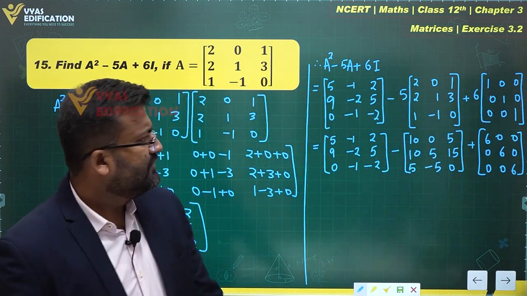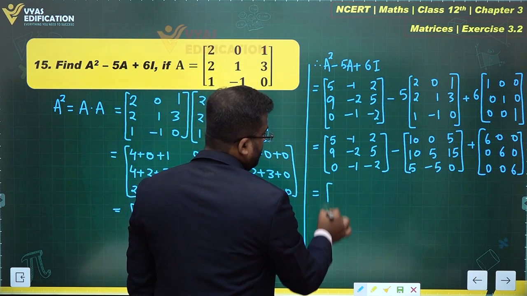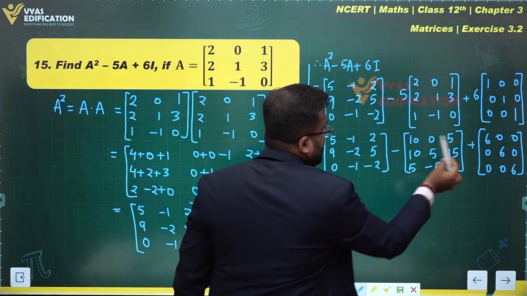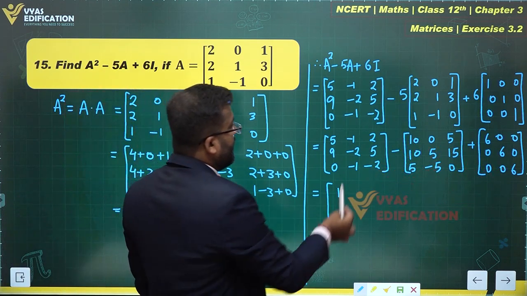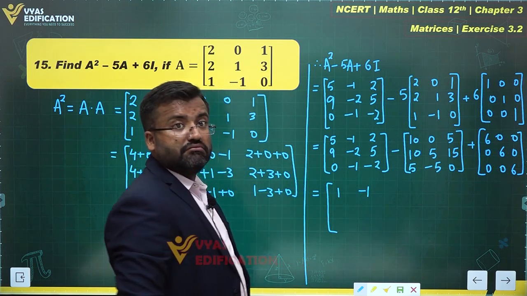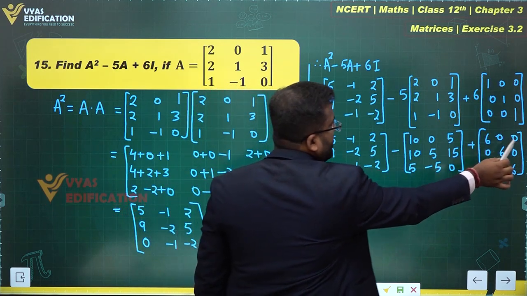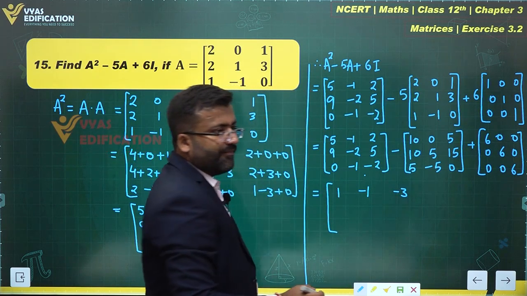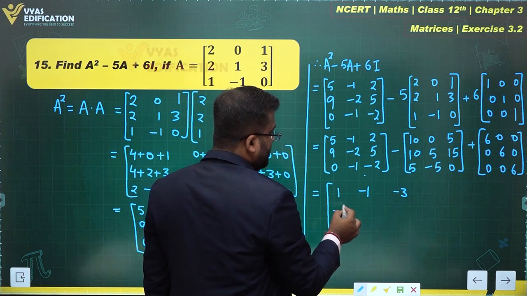We have one more step remaining. Let's add these two and subtract this one. 5 plus 6 is 11, minus 10 is 1. Minus 1 plus 0 minus 0 is minus 1. 2 plus 0 minus 5, 2 minus 5 is minus 3 actually. 9 minus 10 plus 0 is minus 1.